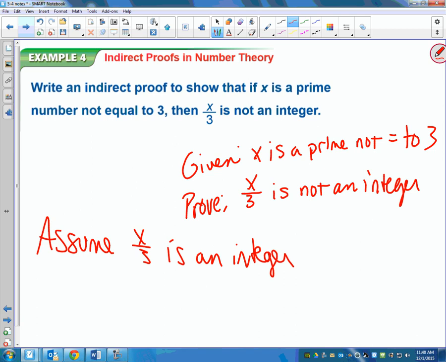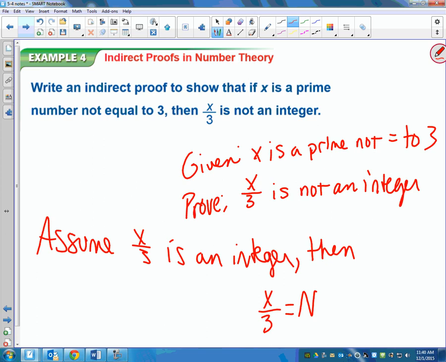One option here is you could just keep picking values for x. I'm going to go an abstract way. I'm trying to think of a way to do this just to check. What if I write the same thing? If x over 3 is an integer, then could I say that x over 3 equals some n, where n is an integer?